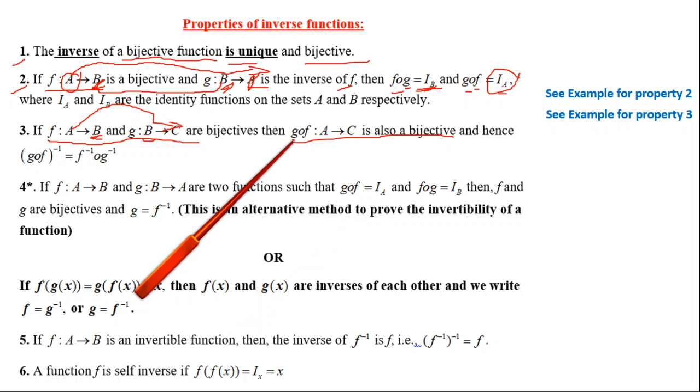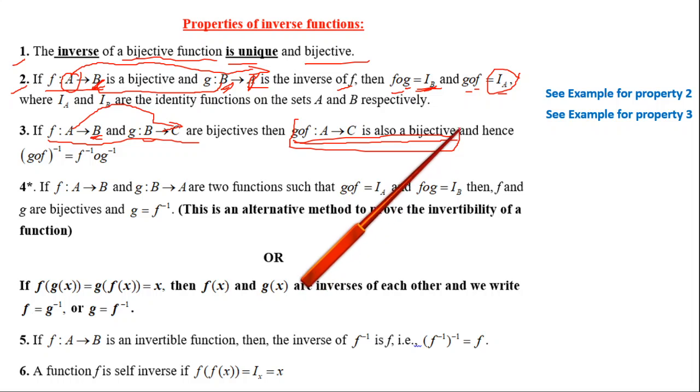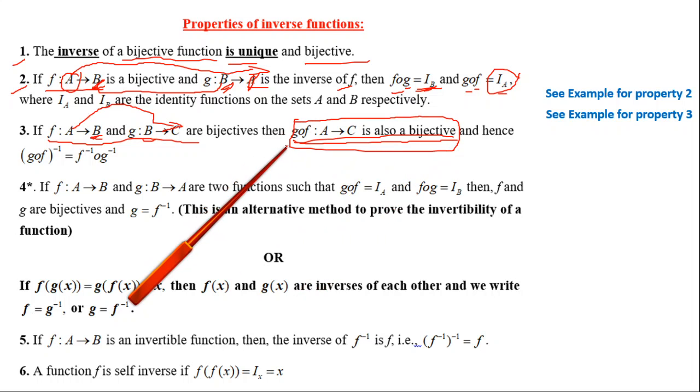Okay, and if this is bijective, then this will have an inverse, and the inverse of f composite g is nothing but g inverse composite f inverse.